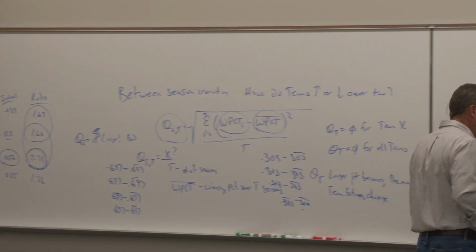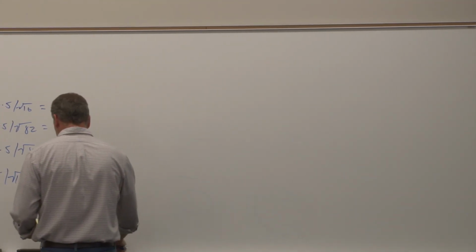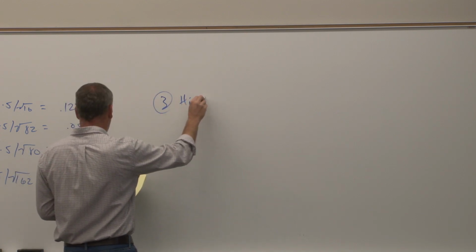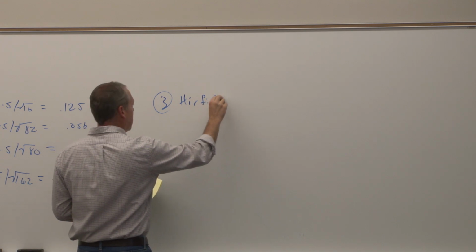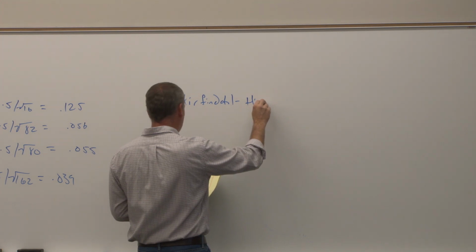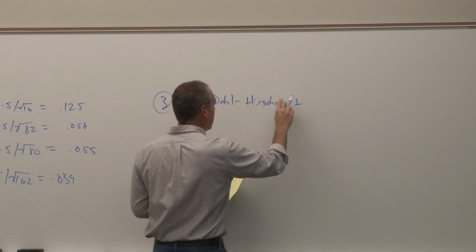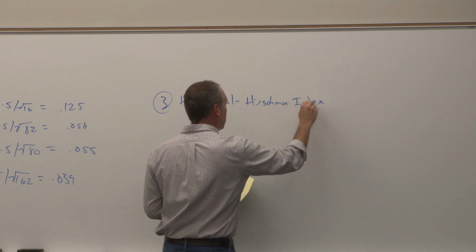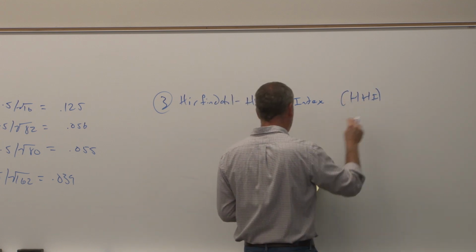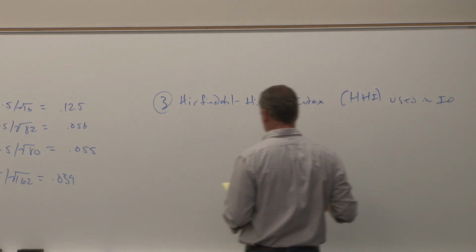We also have some other indices to measure competitive imbalance. We've got the Herfindahl-Hirschman Index. This is the HHI. This guy is used in I/O, industrial organization.